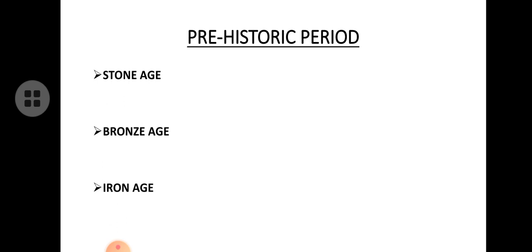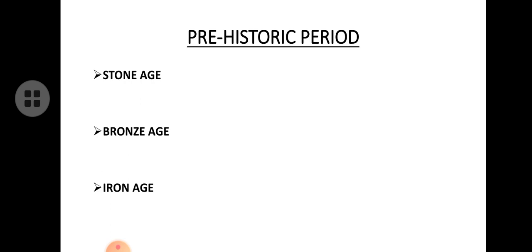If you look at the prehistoric period, it is divided into three parts. The first part is called the Stone Age period. The second part is called the Bronze Age period. The third period is called the Iron Age period. What is the Stone Age period?